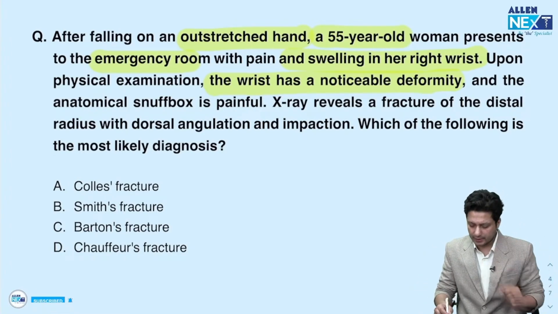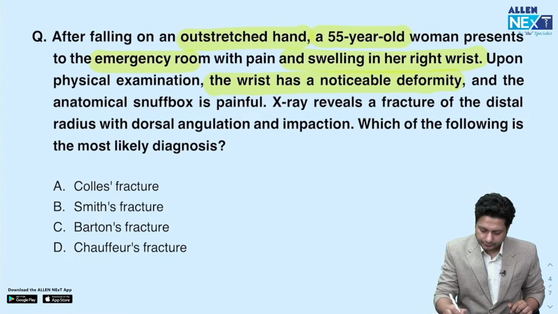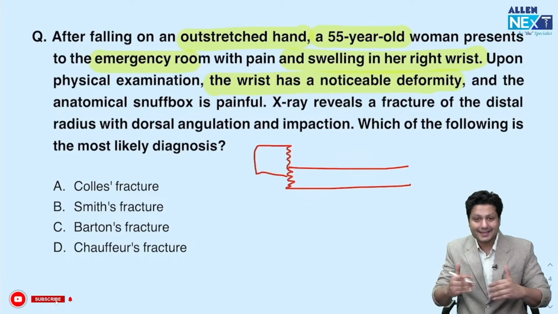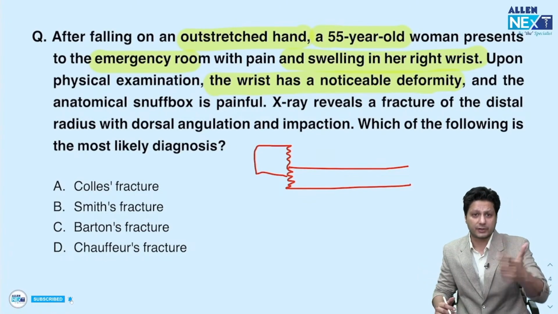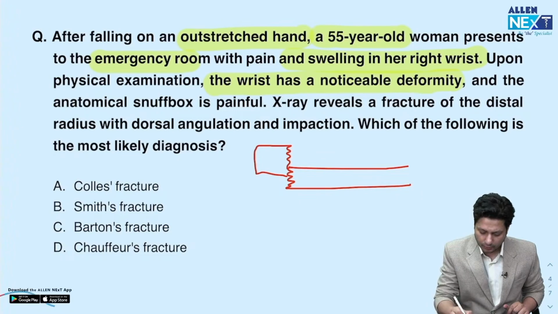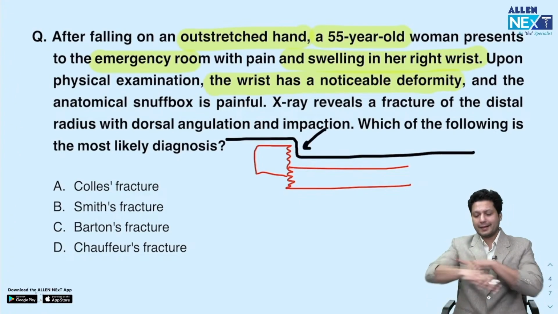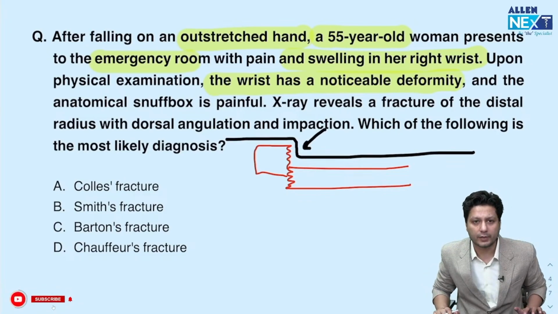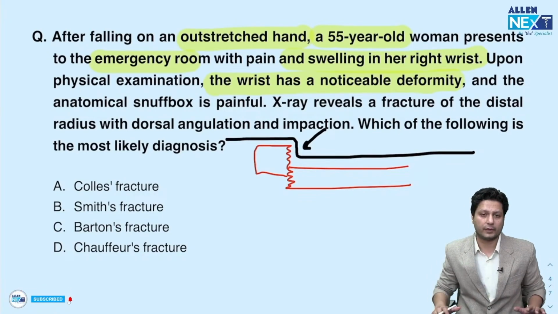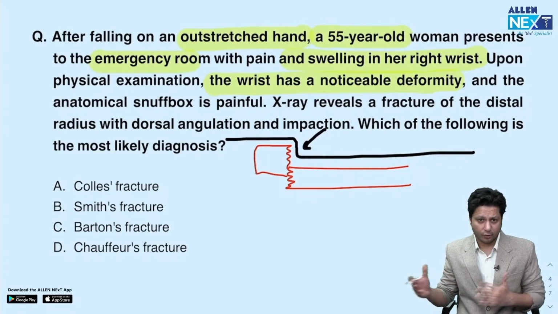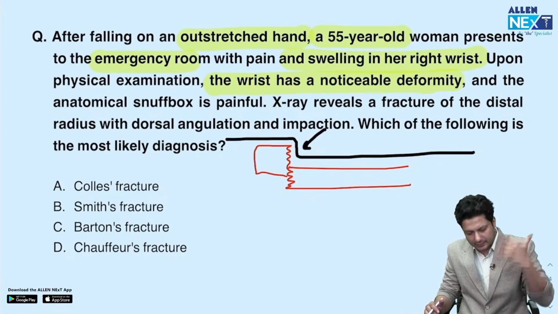The reason is that if there is a fracture of the distal end of the radius, there is a dorsal subluxation or dorsal displacement of the distal fragment, leading to a step kind of deformity on the dorsal surface of the forearm. This is known as the dinner fork deformity in case of Colles, which is easily identifiable.